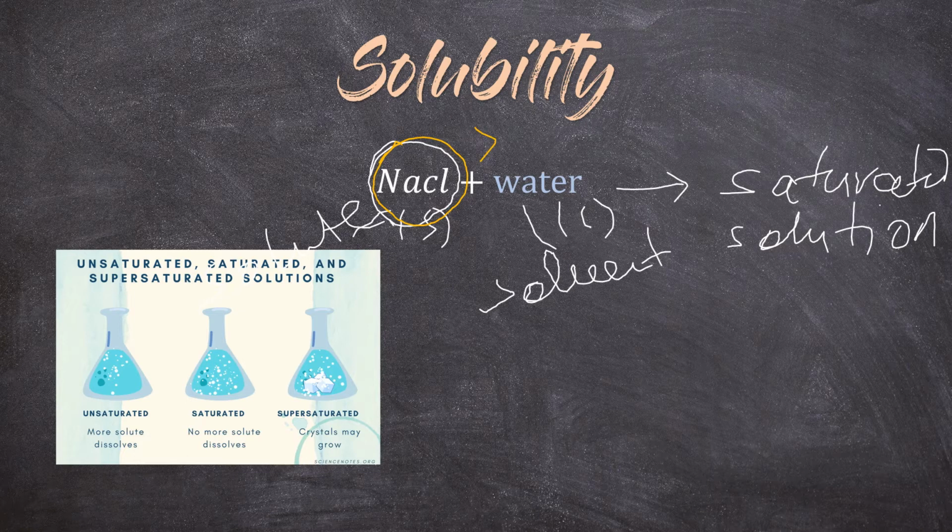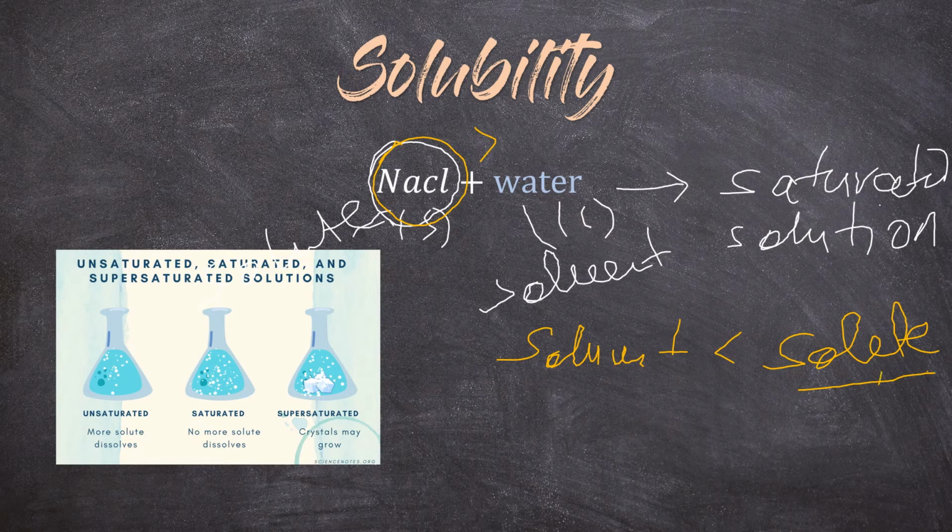But in saturated solution, no more solid dissolves, which means the solvent will be less than the solute in saturated solution. But in supersaturated, crystals may grow. You don't have to remember this, but just revising.